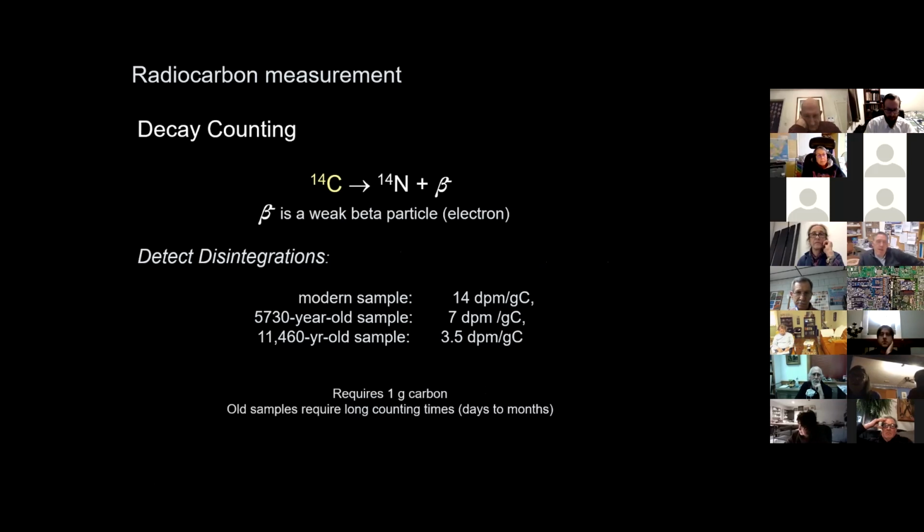So the first way that radioactivity was measured, and the way that Willard Libby, the inventor of the method, used it, was to count radioactive decays. We just described the creation of carbon-14, but it's unstable, and that's kind of the definition of what radioactive is.